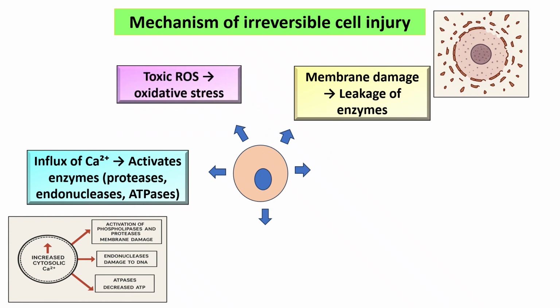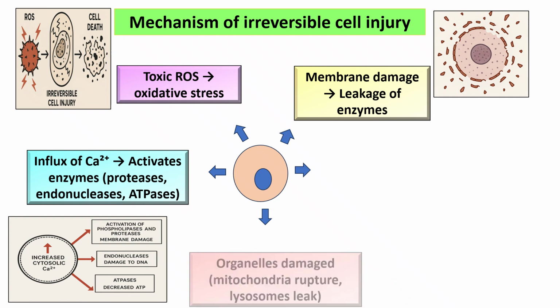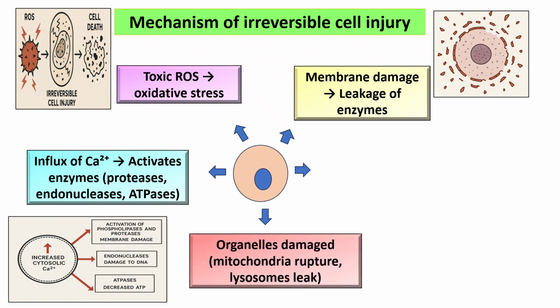Another mechanism is the accumulation of reactive oxygen species. Various causes leading to reactive oxygen species accumulation, resulting in oxidative stress, also lead to irreversible cell injury. So here you can see because of ROS there is irreversible cell injury causing cell death. And organelles are damaged in various forms of injury, leading to mitochondrial rupture and leak of lysosomes.